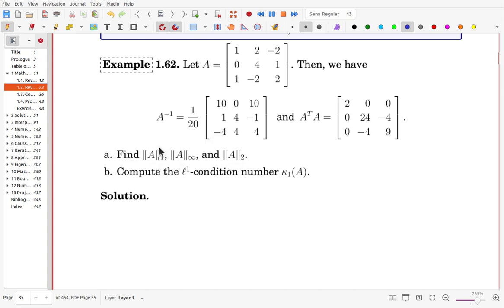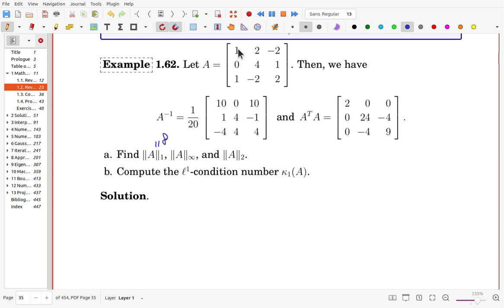The A1 norm, okay. For the 1 norm, we have to add the absolute values of the entries vertically. This is 2. This is now 8 and 5. So 8 is the largest one, so the A1 norm is 8. Right? How about the A infinity norm?